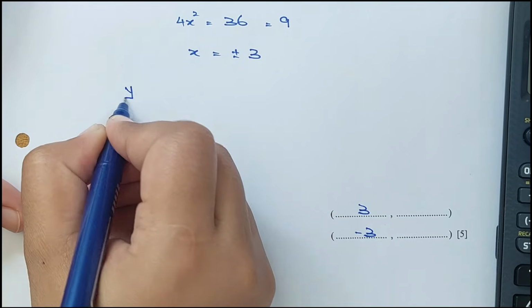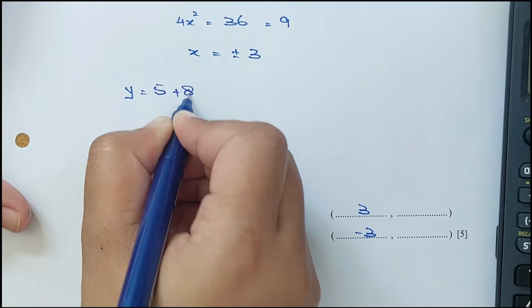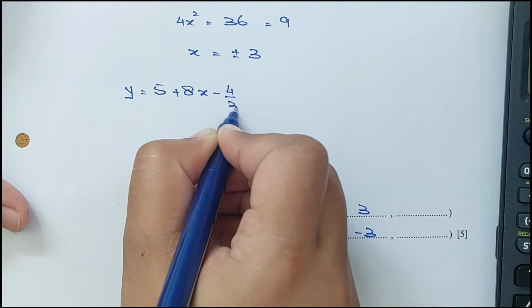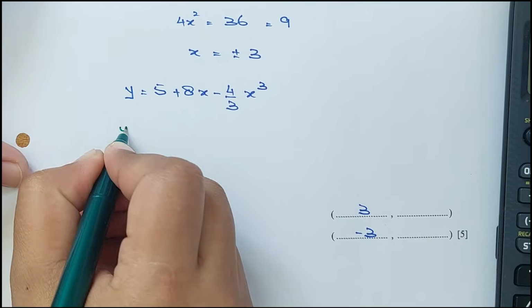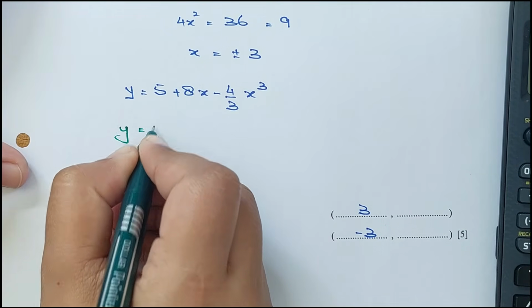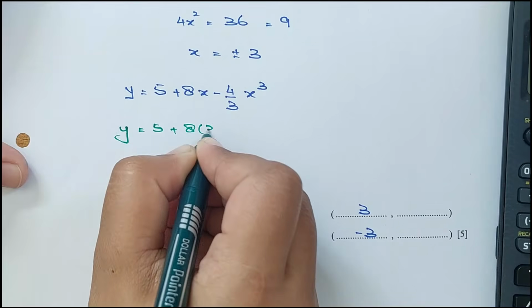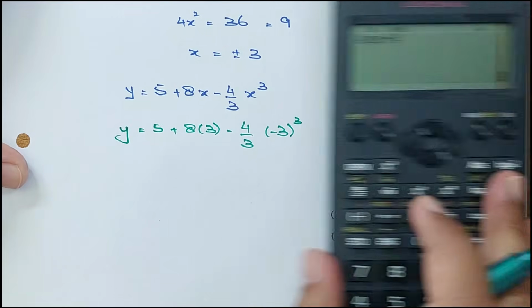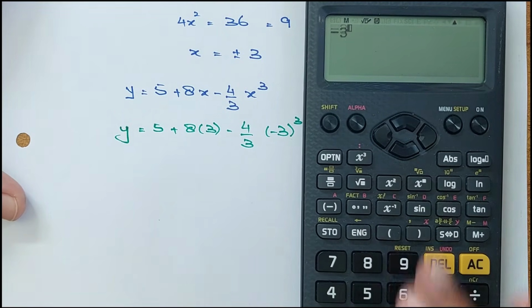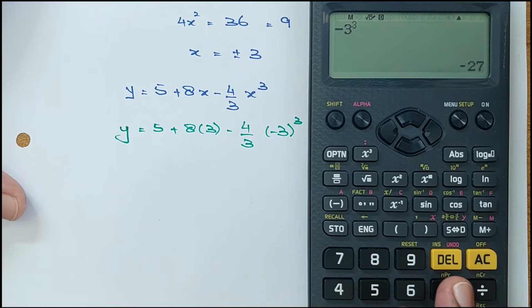What is y? Y is 5 plus 8x minus 4 by 3 x cube. Right, so at -3, let me check. Y is equal to 5 plus 8 times -3 minus 4 by 3 times (-3) cube.